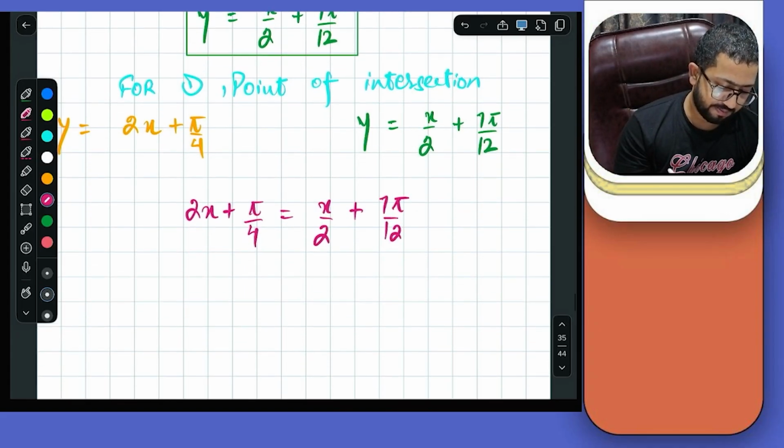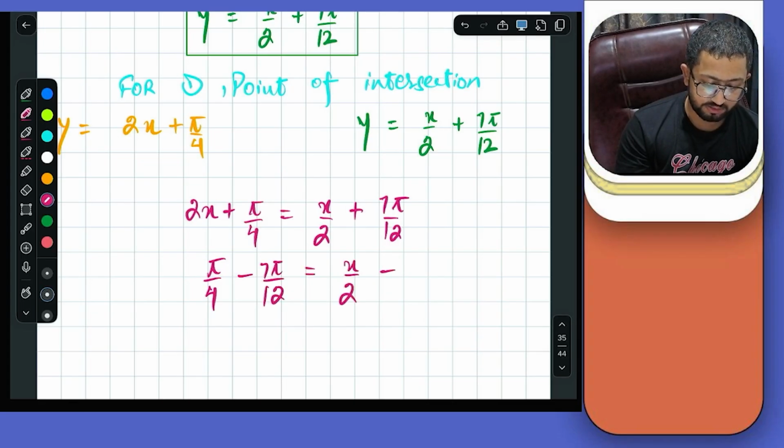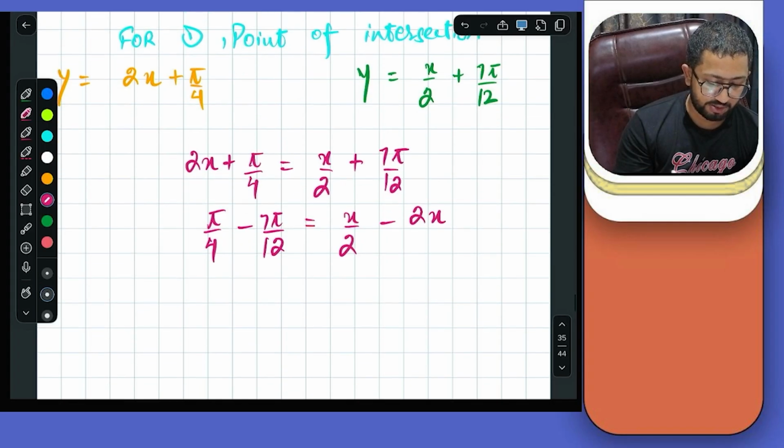Make x terms separately and pi terms separately. Everyone knows how to take the LCM, or not? I hope everyone knows.